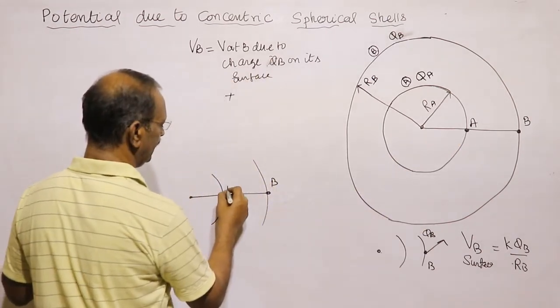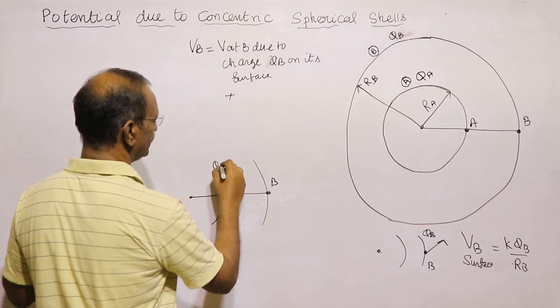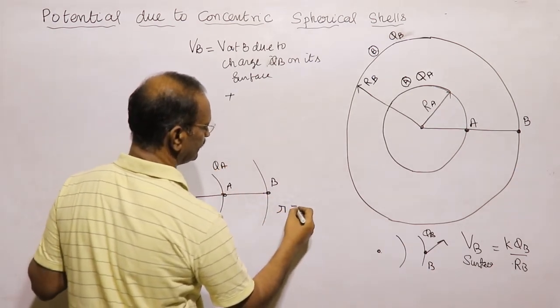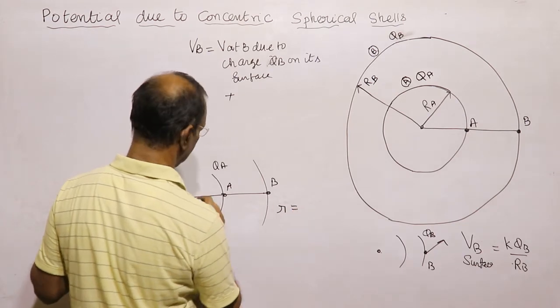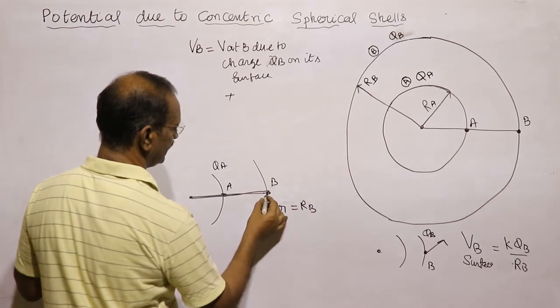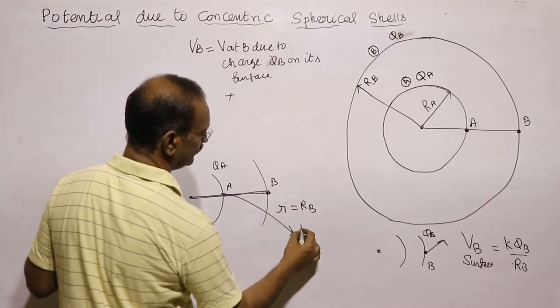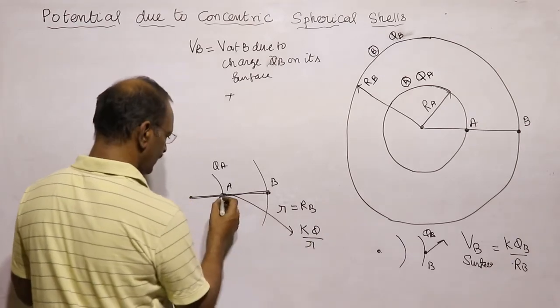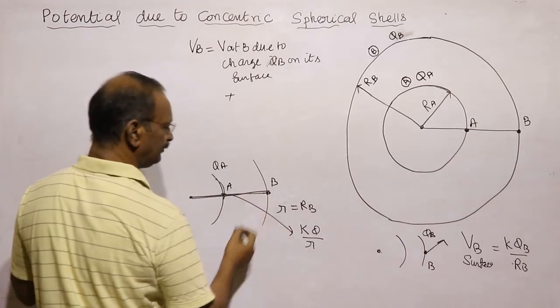And for A, for this shell having a charge of QA, it is outside, which is where R is equal to RB, and the potential at B due to this is equal to K into Q divided by the distance, because for this shell it is outside.